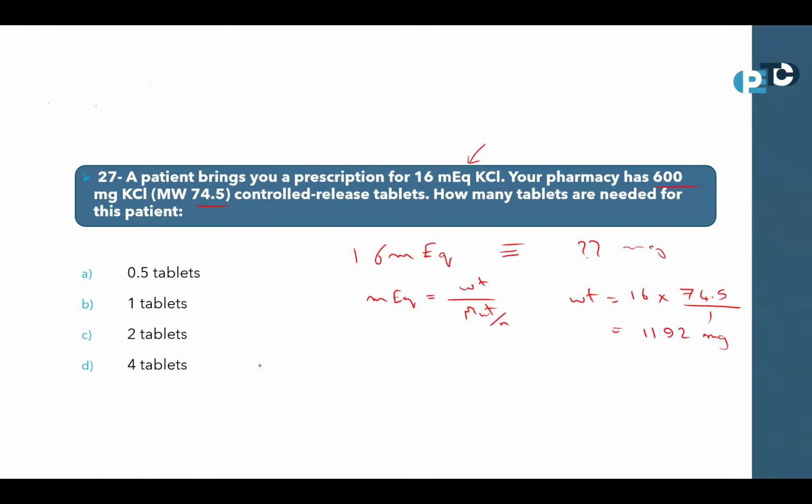Okay, this is the weight. Now, this weight is present in how many tablets? Each one tablet contains 600 milligrams. We have approximately 1200 milligrams. So they are present in 2 tablets. Okay, it's a very easy question.